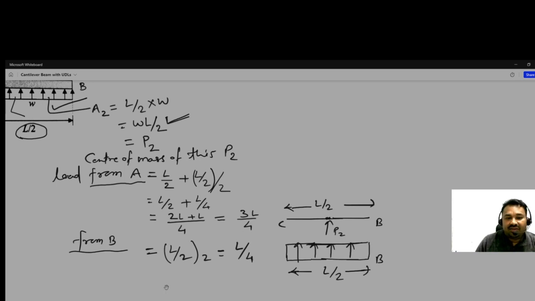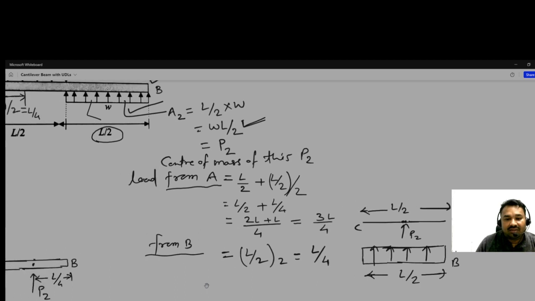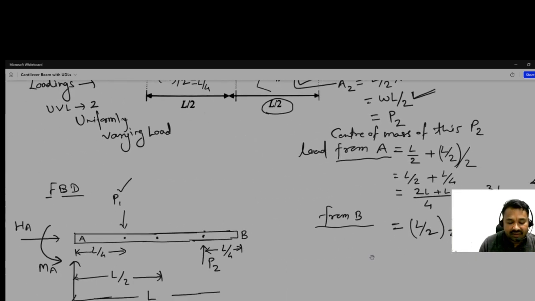So let us show all the forces in the free body diagram. This is the free body diagram, and the beam we have shown. This is the point A, point B, and this is the center of the beam.